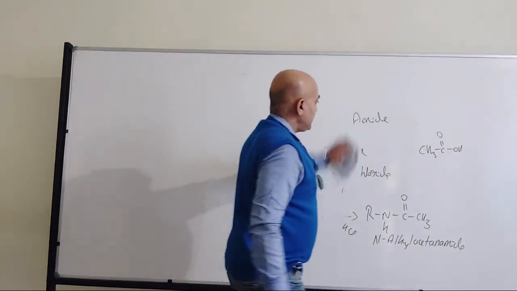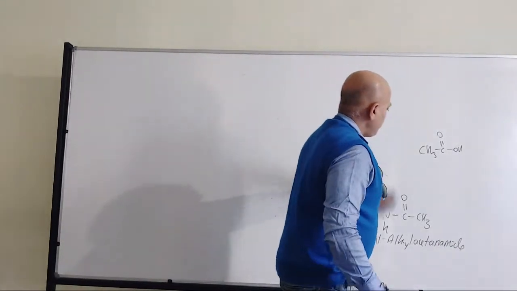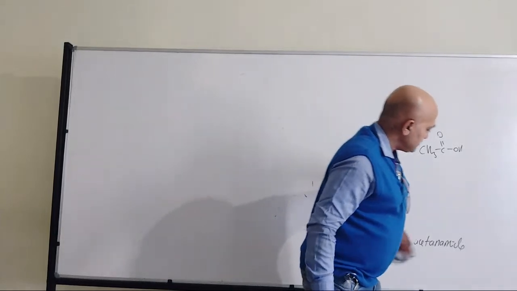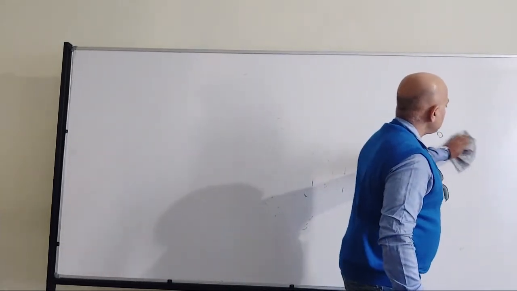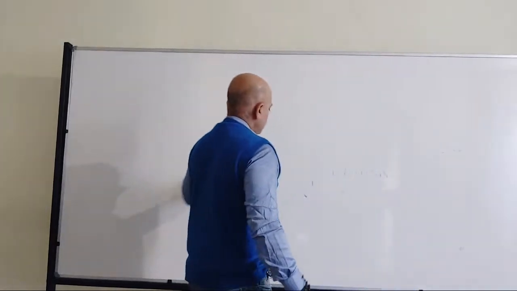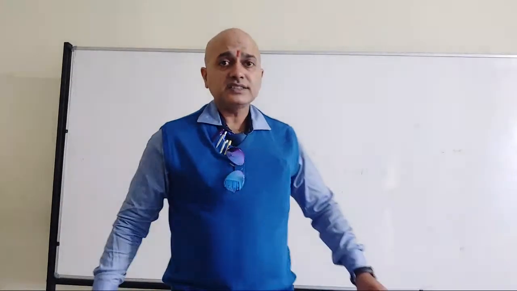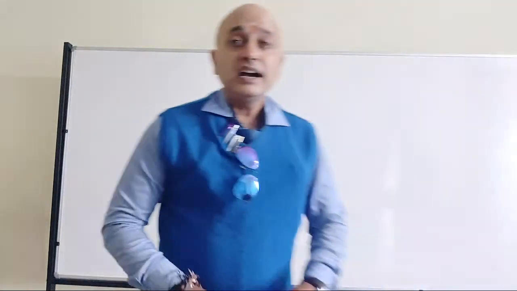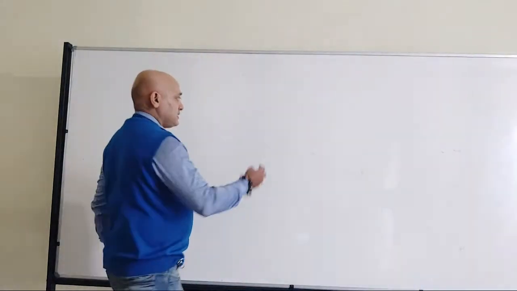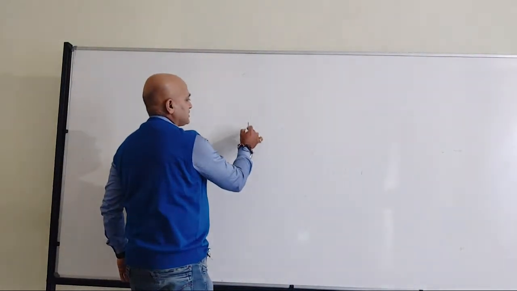Now I will change the reagent. Instead of acetyl chloride, I will use acetic anhydride. What can be the product? That can also be used for acylation.